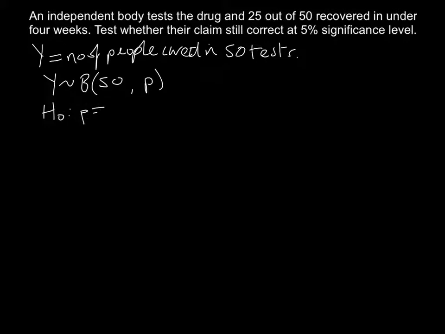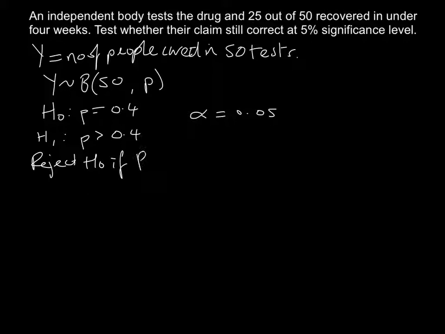H0 is that the probability is 0.4, and the alternative hypothesis is that the probability is greater than 0.4. Our significance level is still 0.05, and we will be rejecting H0 if the probability of X greater than or equal to x is less than or equal to 0.05.